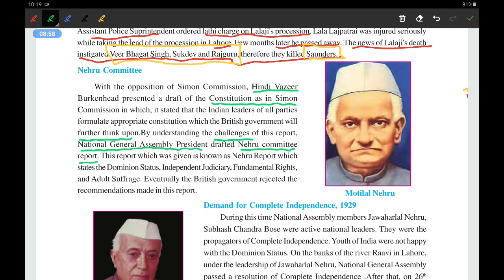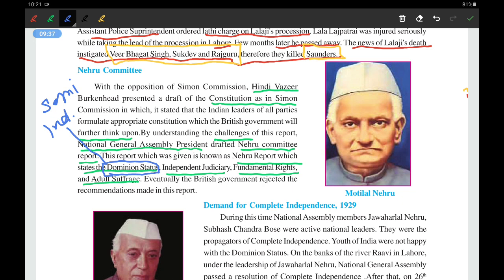This report is known as the Nehru Report, which stated dominion status, independent judiciary, fundamental rights, and adult suffrage. Now there will be a question in your mind: what is this dominion status? Dominion status means that a country which accepts it is semi-independent in the starting, and later on it will become independent, but till then it will be part of the British Empire.